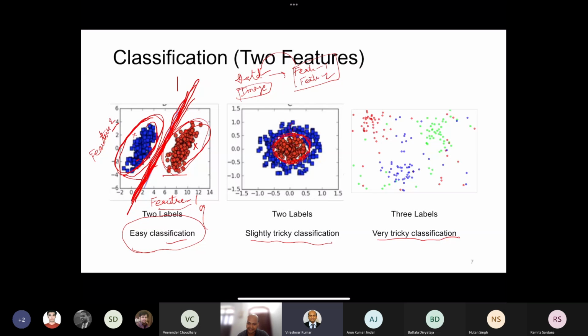Okay, but then things could be very tricky as well. For instance, in this case, we are looking at 3 labels, not just 2. We are classifying not between COVID infected and normal, but something like COVID serious, COVID non-serious, and normal. The COVID infected but non-serious person could be sent home.